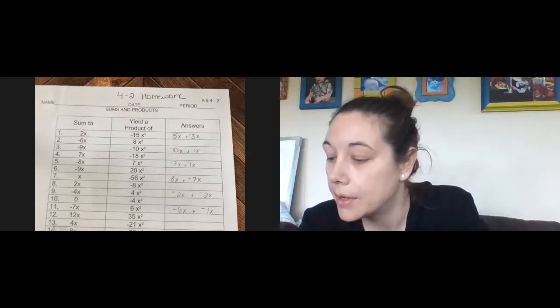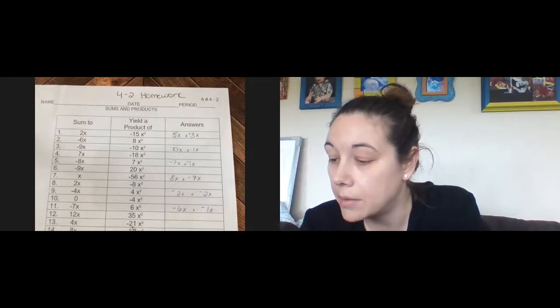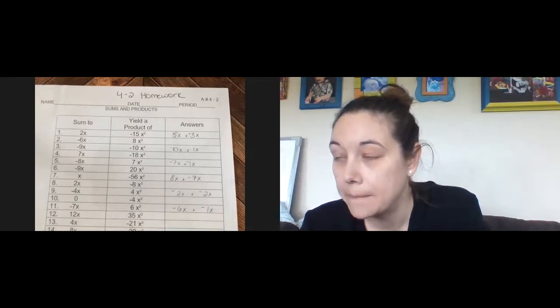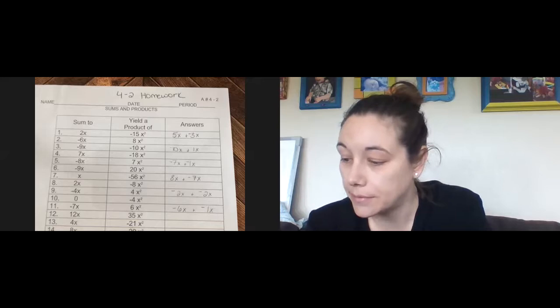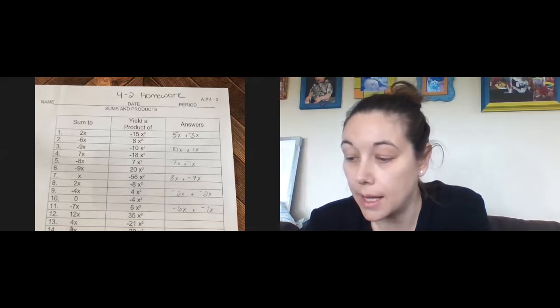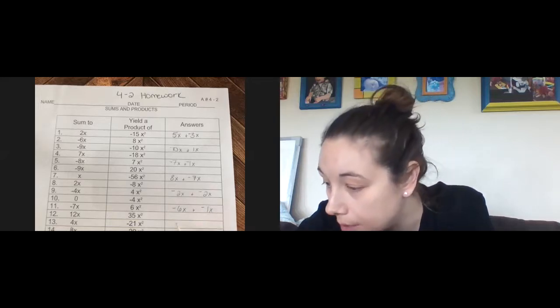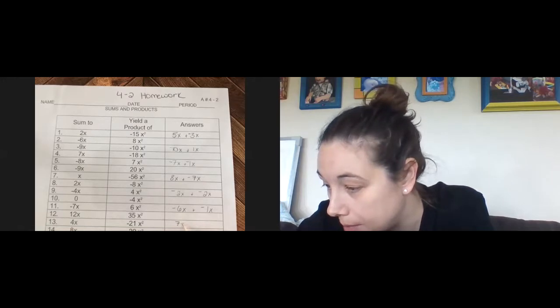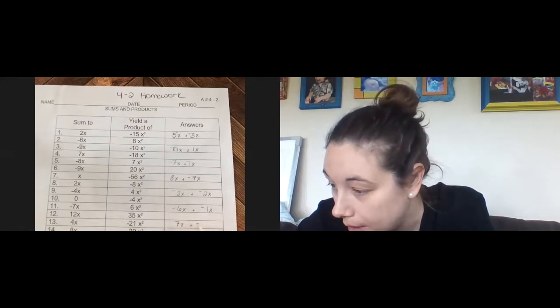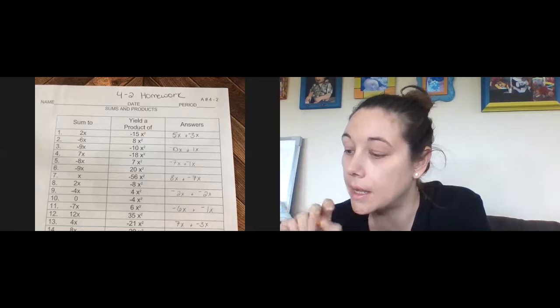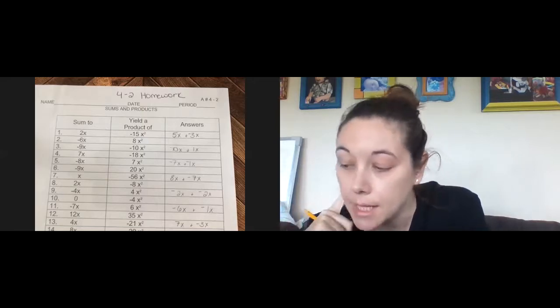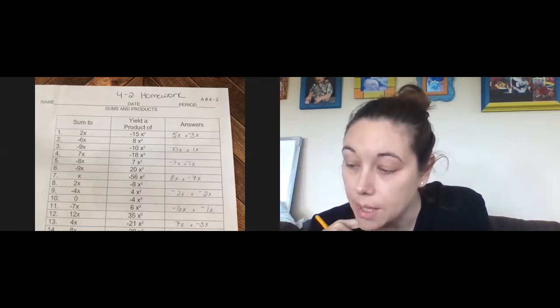Okay, number 13, negative 21x squared. Well, 3 and 7, and then we need a positive 4x. So that means our 7 is going to be positive. Okay, number 15, negative 72x squared.